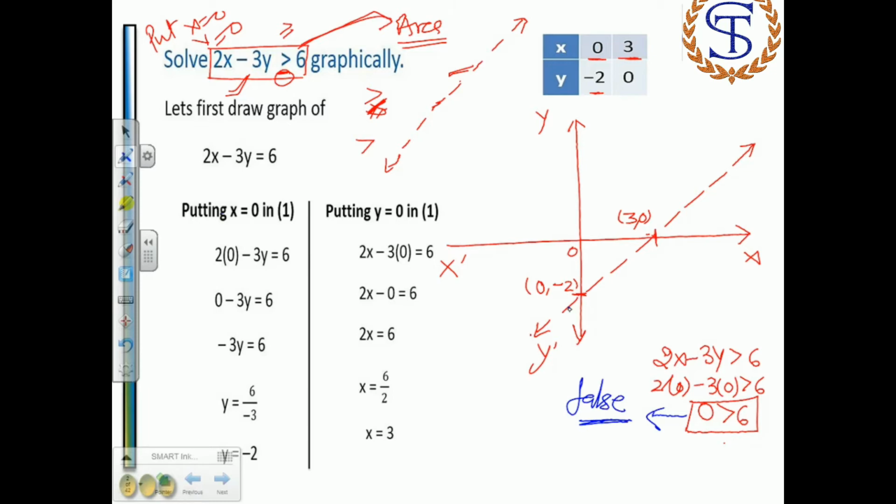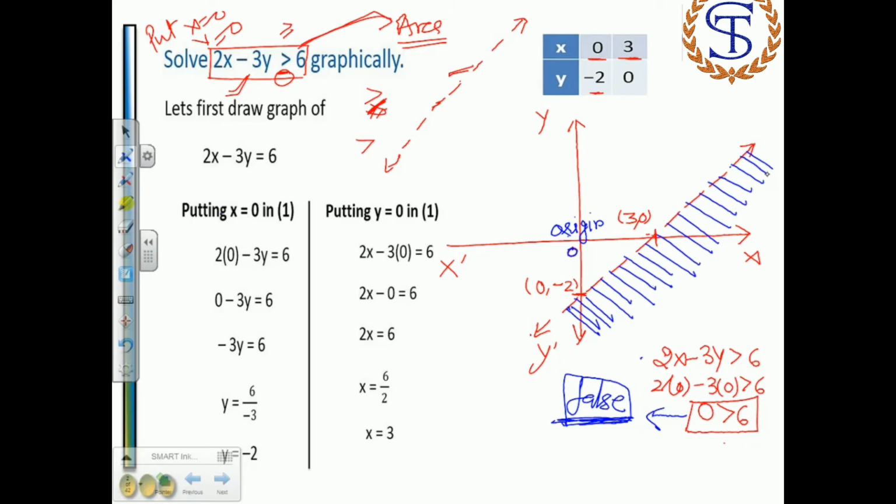It means here is the origin, and the statement is false. That's why we have to shade the portion in this region. When we pass this inequality by this origin, that is 0, 0, then it gives us a false statement.